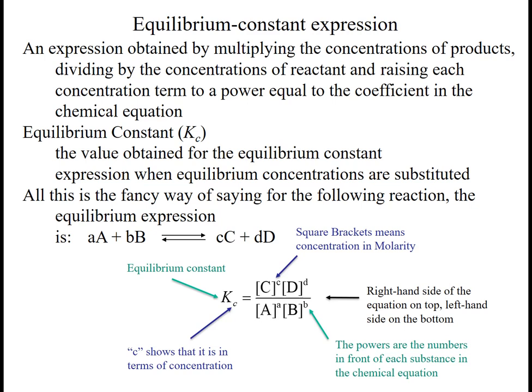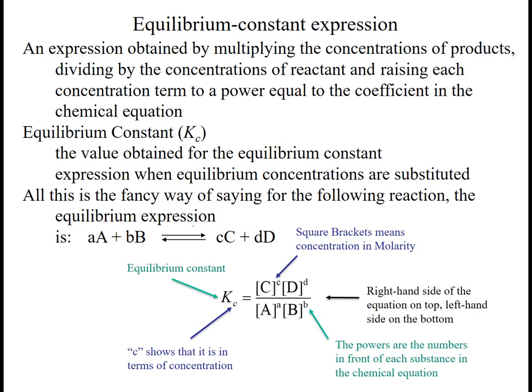So if I have a generic equation of aA plus bB goes to form cC plus dD, and this is at equilibrium because it has both arrows on it, I write the equilibrium constant expression as Kc. The c just means concentration. The square brackets also mean concentration in molarity. So I have my product C, raised to the coefficient of the lowercase c.